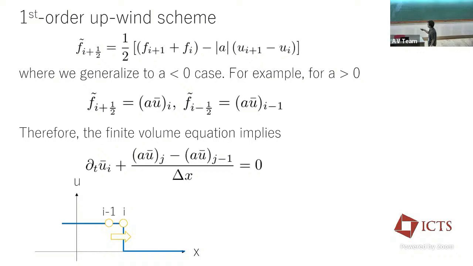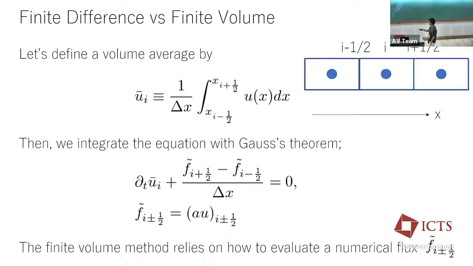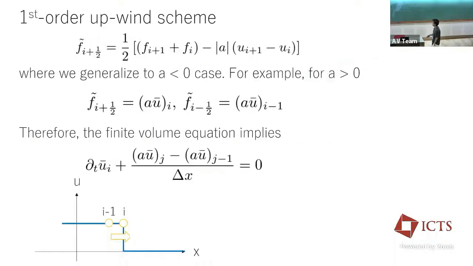This is U, not U bar. Also, the flux at the cell interface i minus 1/2 is given by A U at i minus 1. Then if you plug this expression into this scheme, what's going to happen? You get this.